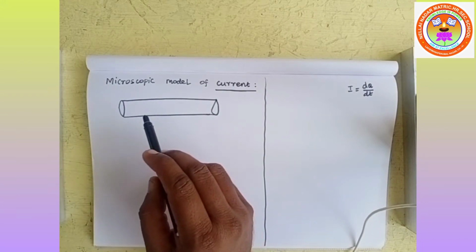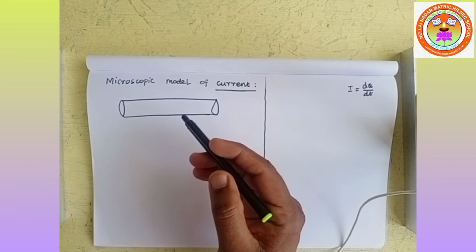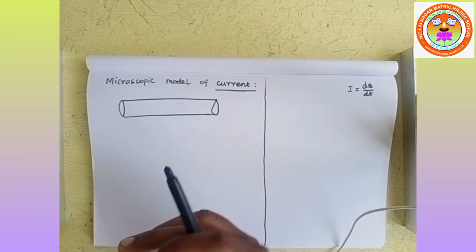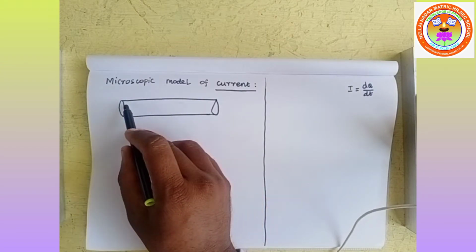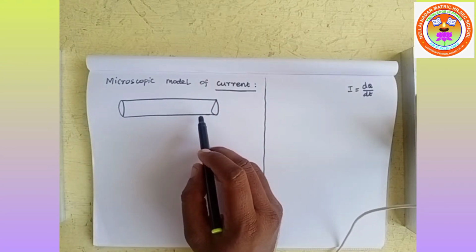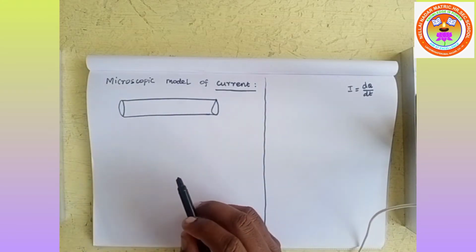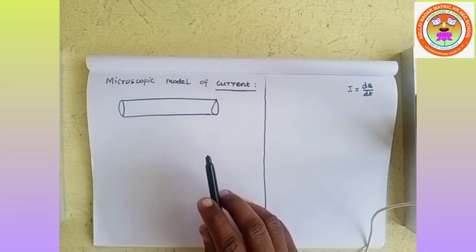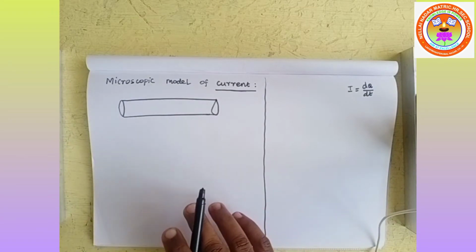Using this number of electrons, you can calculate the total charge, because each electron has a charge e, as you already know. So the total number of electrons in a conductor times the charge of each electron gives the total charge, and by using that value, you can calculate the current. Okay friends, this is the concept for this question.